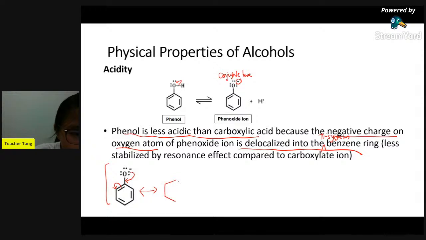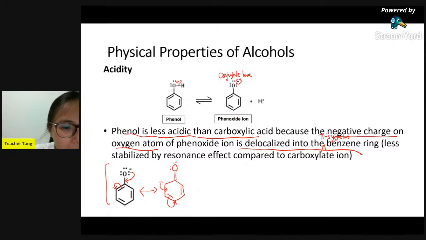So to give you, this is the resonance structure. And then this negative charge can be delocalized inside, to give you another resonance structure.